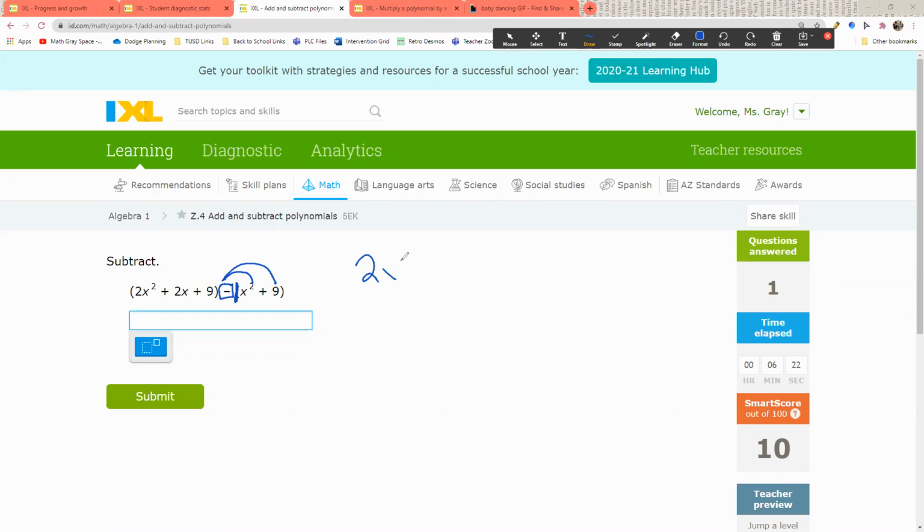So this becomes 2x squared plus 2x plus 9, but then negative times x squared makes negative x squared. And then negative times a positive 9 makes a negative 9. And so if I'm going through and I'm trying to figure out what my like terms are here, I do have 2x squared right here, and I have a negative x squared here.